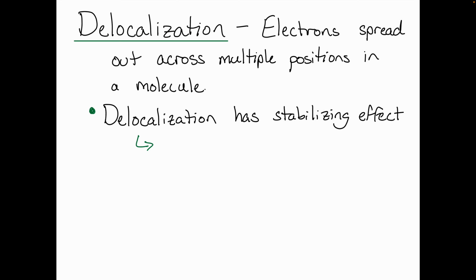That's always a higher energy state. One thing that can make a formal charge more palatable for a molecule is if it can spread it out across multiple resonance structures, right? So spread out those charges.